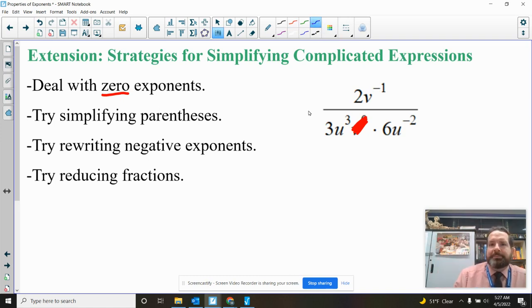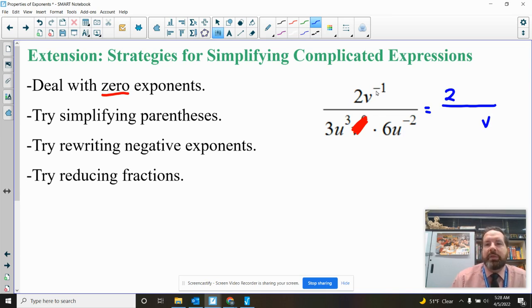So, for example, let's take this and rewrite it so that it doesn't have negative exponents. That just means 2 is going to stay on the top where it is, but this v is going to move down to the bottom and become a v to the positive first. Now, an exponent of positive 1 we don't usually write, so I'm not gonna.